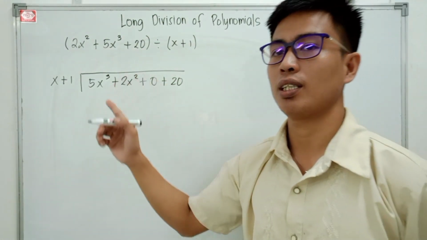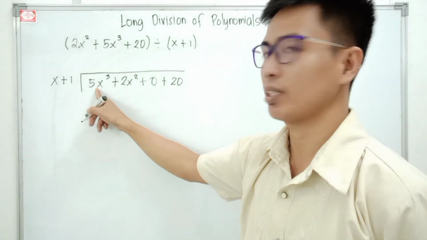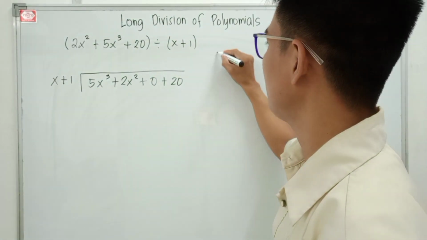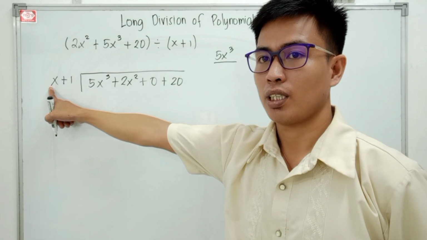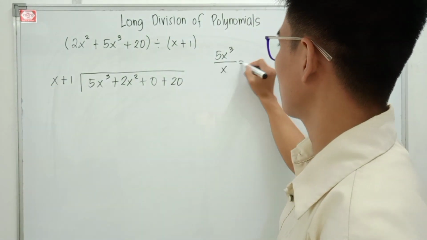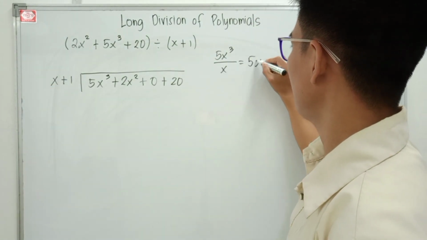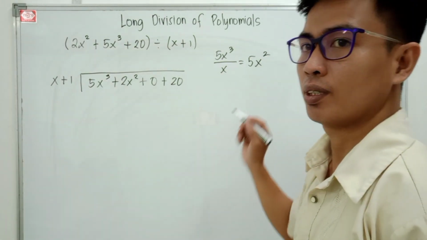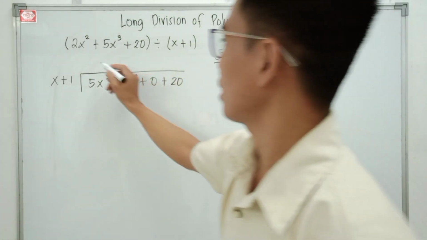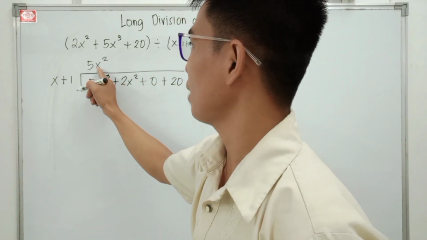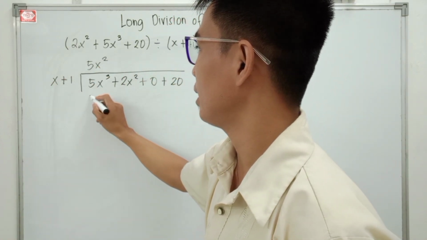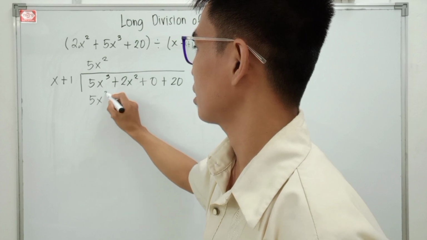Then, proceed with the division. So, dividing the first term of the dividend, 5x cubed, divided by the first term of the divisor, that is x, and the result will be 5x squared. Then, yung sagot natin, sulat natin dito, 5x squared. Then, multiply 5x squared times x, that will be 5x cubed.